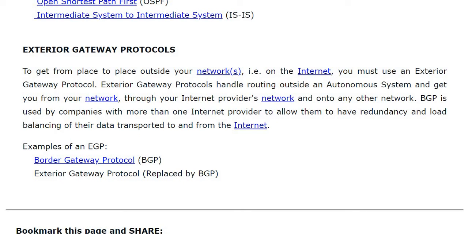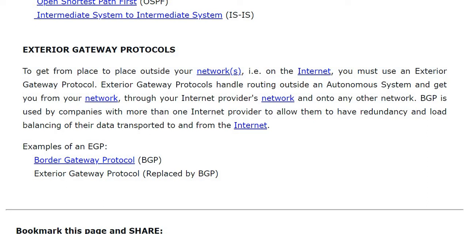So from these autonomous systems, if we want to go out to the outside world, to the internet, then we need to have the EGP, getting from your networks through your internet provider's network and onto any other network. BGP is used by companies with more than one internet provider, allowing them to have redundancy and load balancing of their data transported to and from the internet.